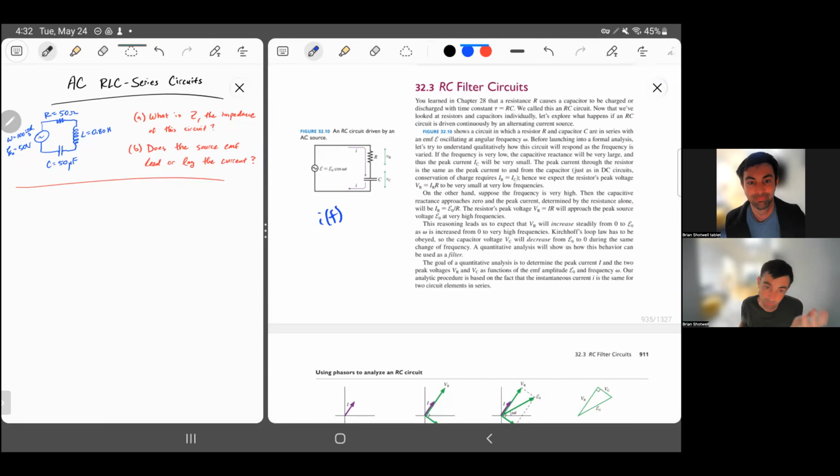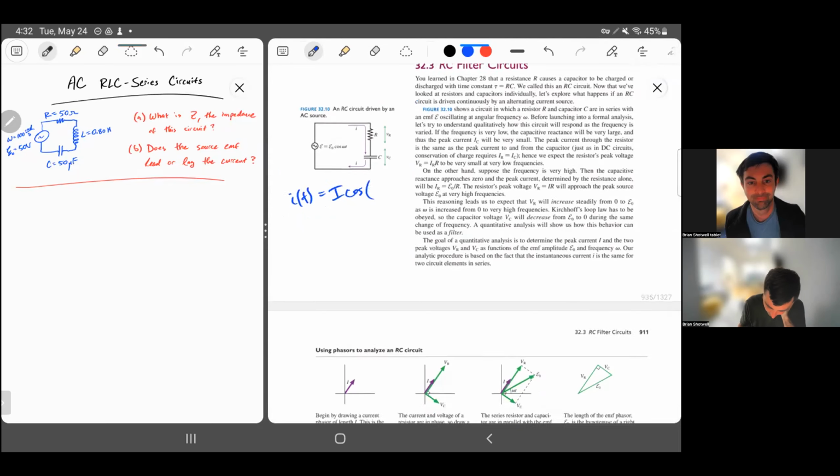But it's the same everywhere in the circuit. So we use lowercase I for the time dependent quantity, and then maybe capital I for the peak value, times cosine of omega t, and there can be some offset from the omega t.